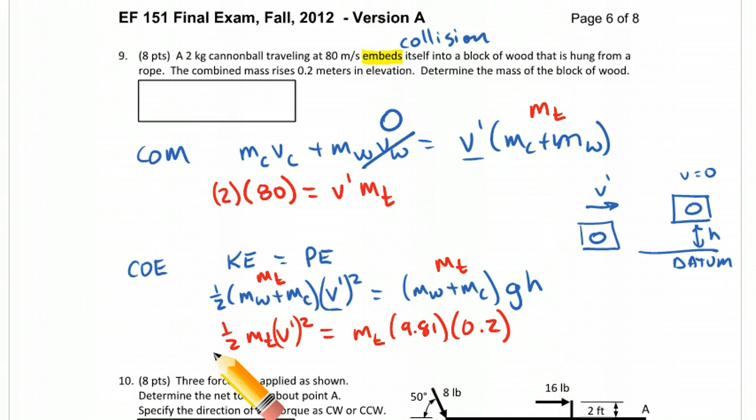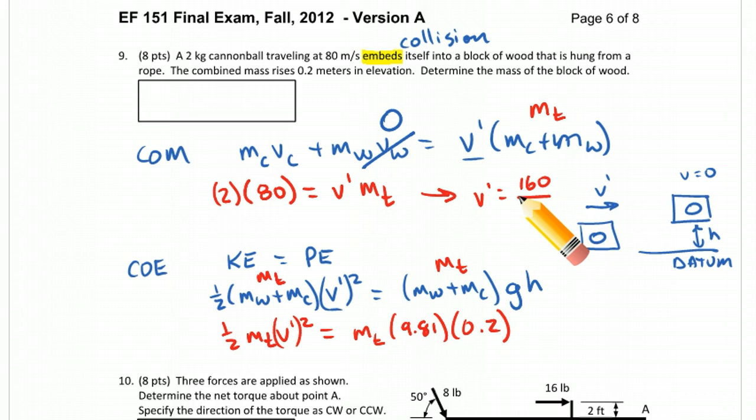Okay, so I have two equations, conservation of energy, conservation of momentum. I can then solve them. I'm looking for the mass of the wood. That's going to come from the total mass. So I'll probably solve this one for V prime.